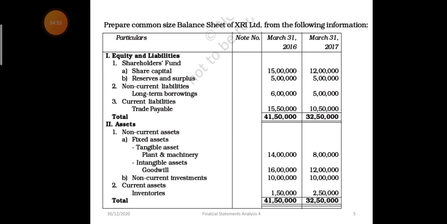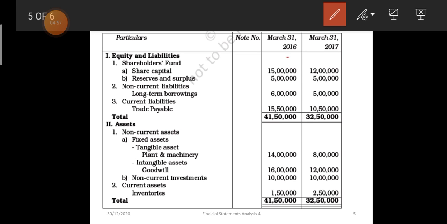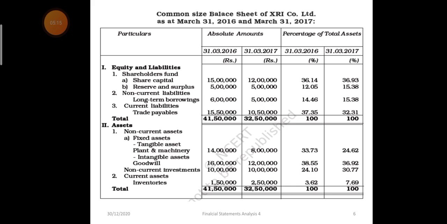Now let's take one example of balance sheet. In balance sheet, for every item, like equity and liabilities, share capital, 15 lakh will be divided by the total of the liability side, 41 lakh 50,000. Similarly here in case of assets, 8 lakh will be divided by 32 lakh 50,000, then multiplied by 100.